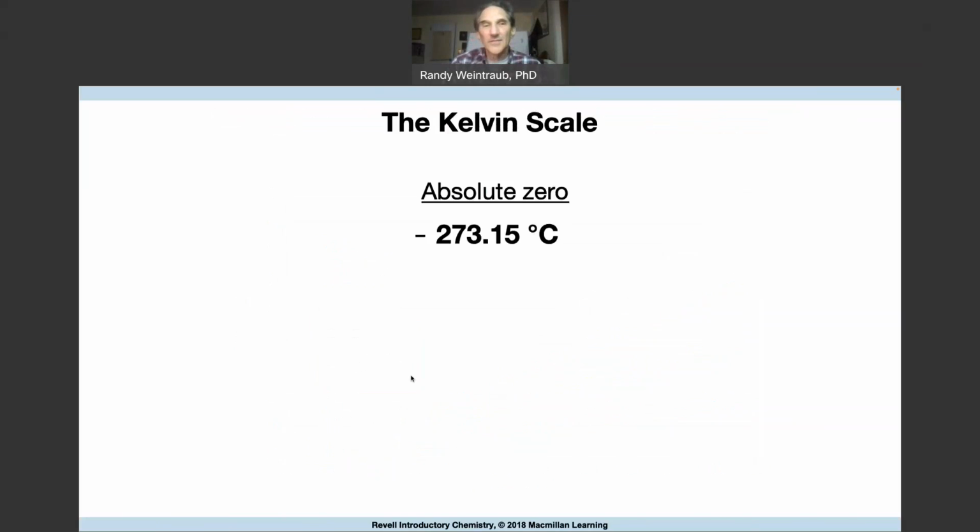And from this relationship, it was established that minus 273.15 degrees C is considered absolute zero, the temperature at which kinetic energy is zero or motion ceases. 0 degrees K. So in converting from degrees C to degrees K, we would add 273.15.